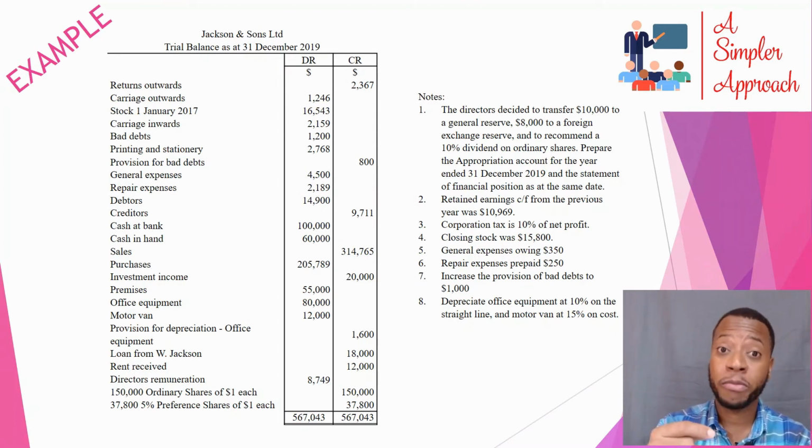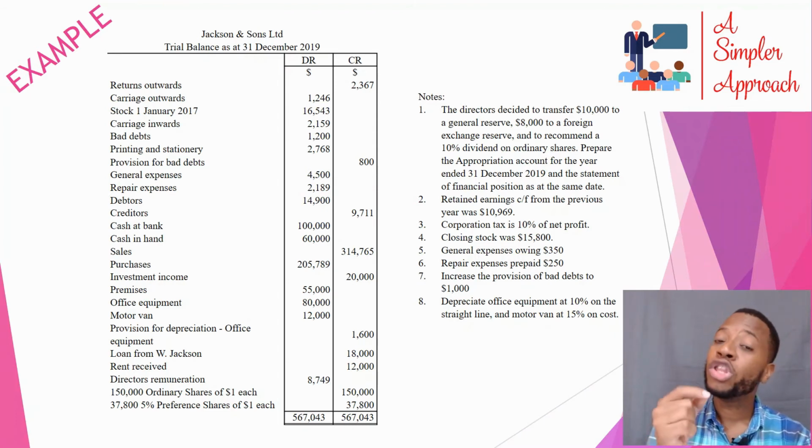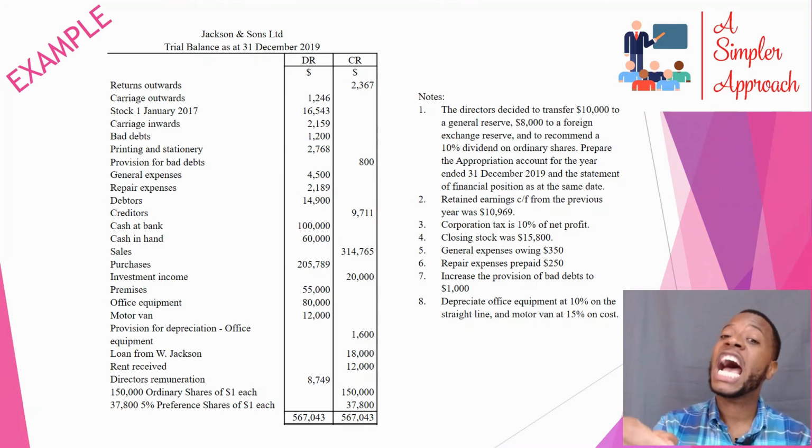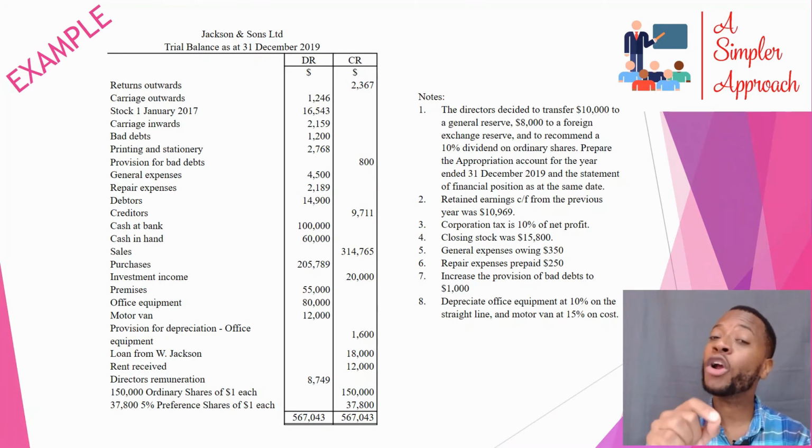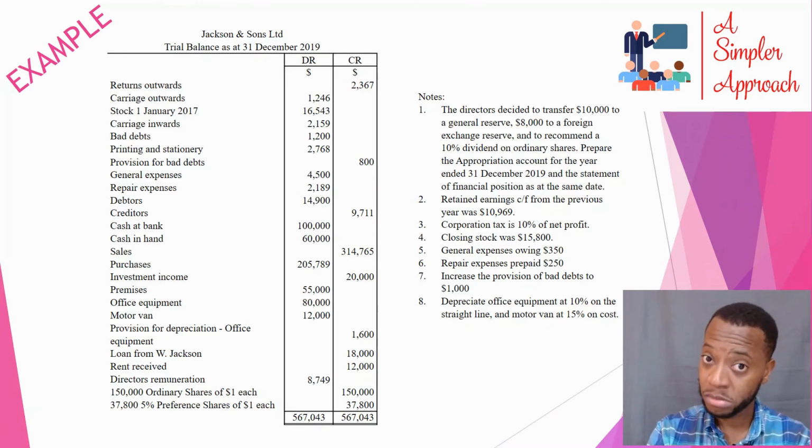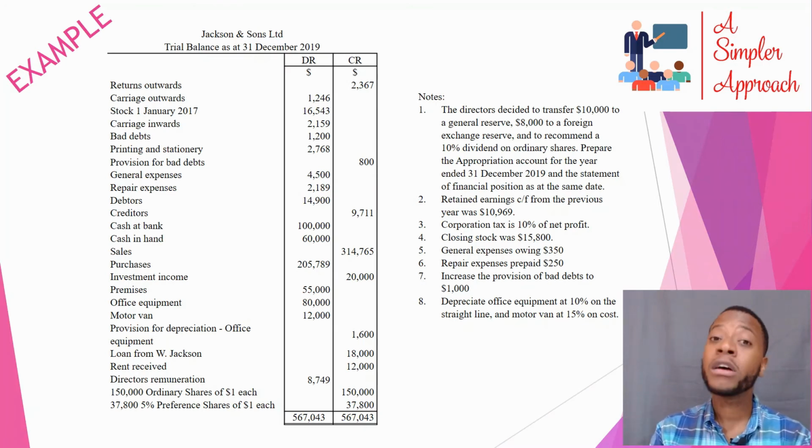So even if the question didn't say 10% dividend on ordinary shares and recommended dividend for preference, it stands to reason that if ordinary gets something, preference should automatically get what is due to them. Remember that, please. Don't put in the ordinary and forget the preference. Remember that preference comes first. So if ordinary is being paid, preference automatically is getting paid.